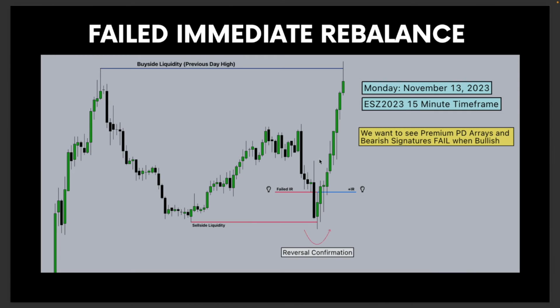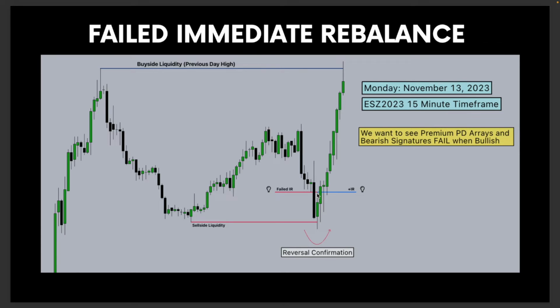So before we get into how we could have played this long here, why didn't we continue to the downside after we got this sell side here? Obviously, bias is a factor, but just looking at price, and again, this is a 15-minute chart, same day, November 13th on ES. The rule of thumb behind an immediate rebalance is we want to see expansion during the 2 candles that follow an immediate rebalance.